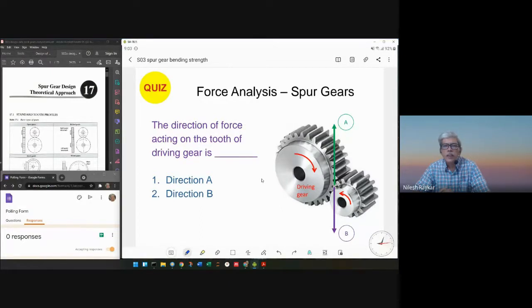The forces acting on the driving tooth and the driven tooth are equal in magnitude but opposite in direction. This question is important because for the force analysis, we should know precisely the direction of the force.